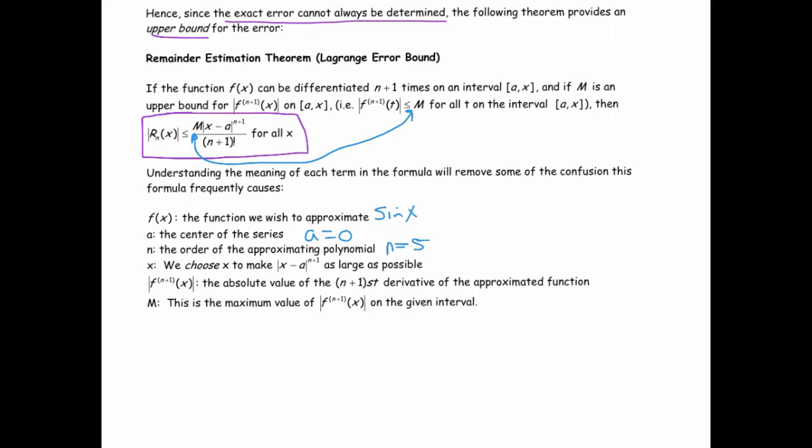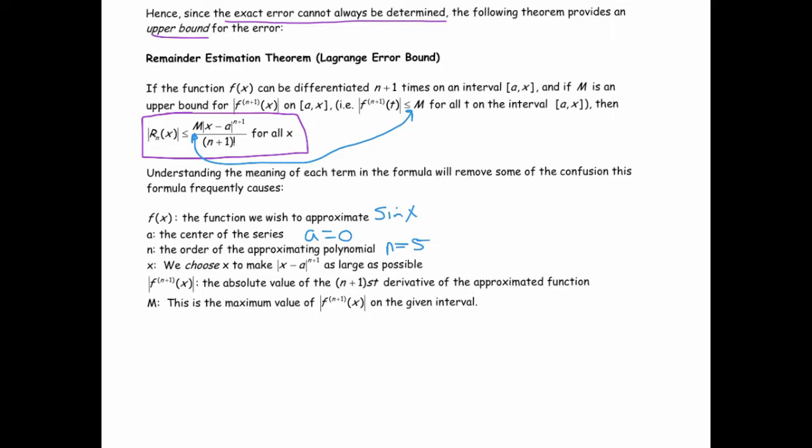So for us, x minus a, again a is 0. X we're going to choose, unless it's given explicitly, unless they say something like approximate sine of x, or approximate sine of 0.3, then x is given. But if we're given an interval, we'll choose it to make the expression as large as possible.